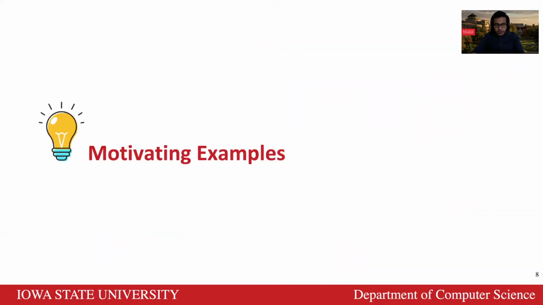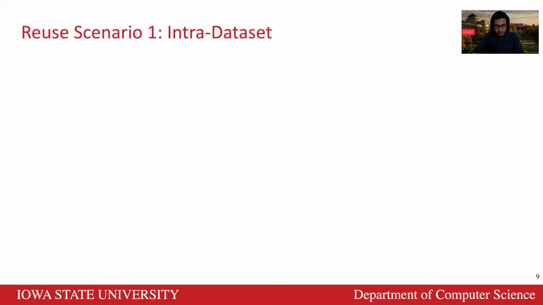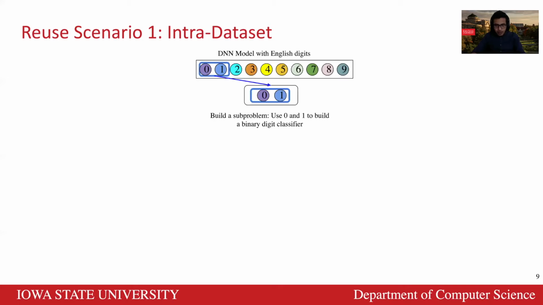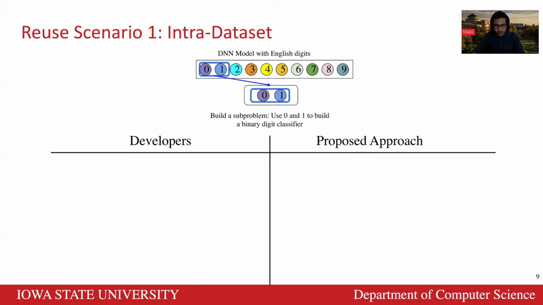Now we'll discuss a few examples of reusability and replaceability and compare how that can be achieved with the monolithic design and the decomposed design. First, let's assume a scenario where we have a DNN model to recognize handwritten digits 0 to 9, and can we use the same model and build a DNN model for binary digits 0 and 1 without retraining the model? To realize the reuse scenario, first the developer will build a model structure for binary digits from scratch.